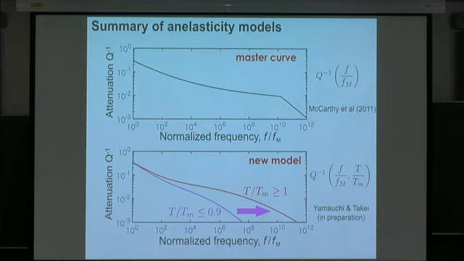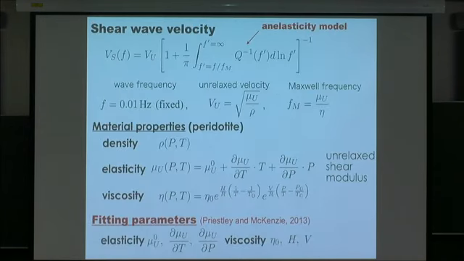The testing procedure can be summarized as follows. When the attenuation spectrum is given by these models, by using the relationship between dispersion and attenuation, the shear wave velocity at frequency f can be calculated by this equation, which includes wave frequency, unrelaxed velocity, and Maxwell frequency.